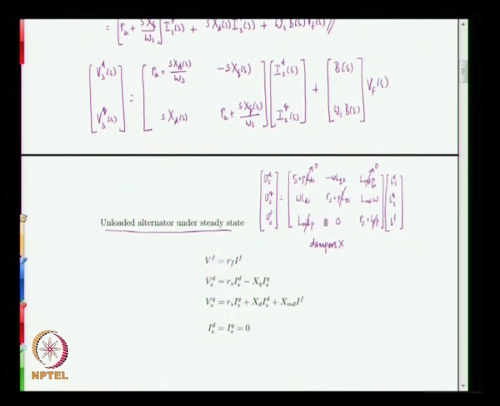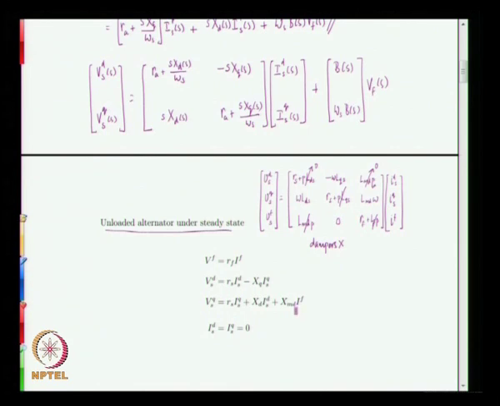Vf is then simply Rf into If, that is what has been put here. I have used uppercase letters to denote the steady state. If you look at Vd, you have Rs into Id minus omega Lq into Iq, or Xq into Iq, and Vq is omega Ld into Id, that is Xd into Id, plus Rs Iq, and then omega Lmd into If, that is Xmd into If.